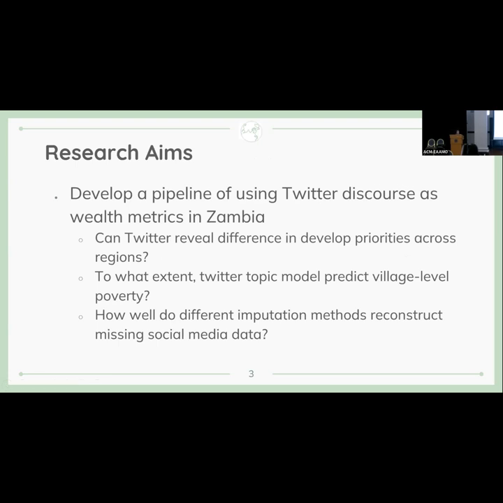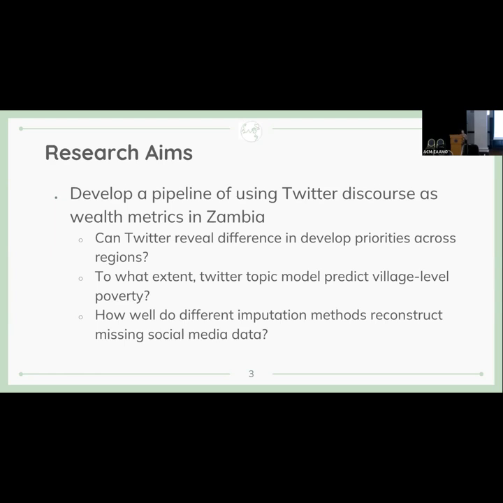In this study, we develop a pipeline of using social media data, particularly Twitter discourse, as a welfare metric in Zambia. We particularly ask three questions. Can Twitter data reveal spatial differences across regions? Can this data reveal differences in development priorities across regions and particularly across different wealth groups?